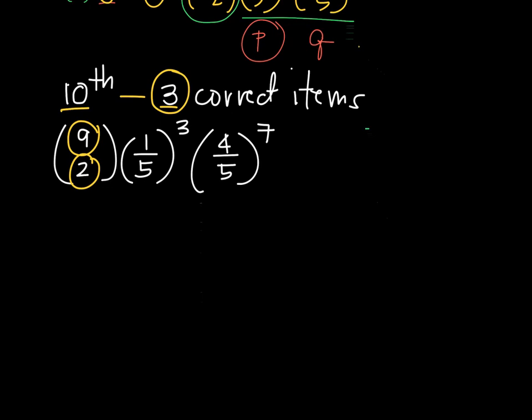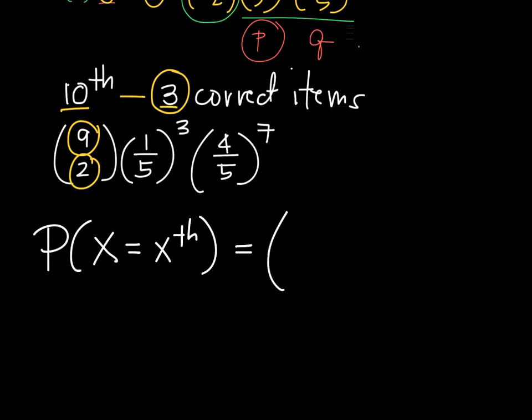if our goal is to find the probability that you will answer r correct items by a certain x position, then we have to take the x position number, that is the 10, which became 9, to have x minus 1.